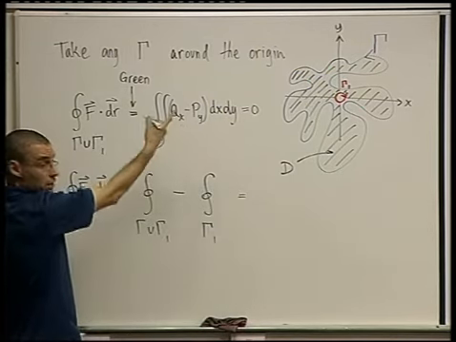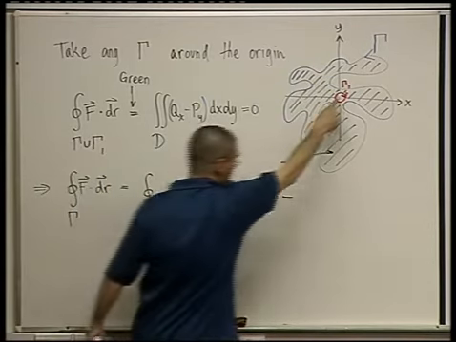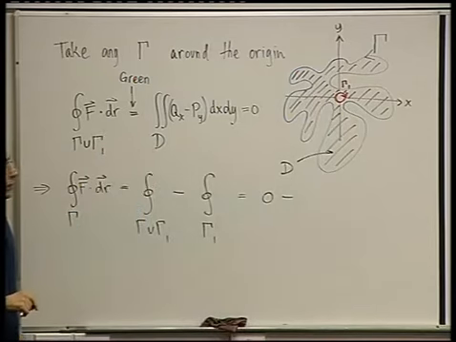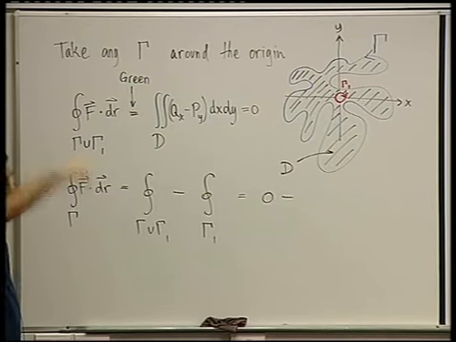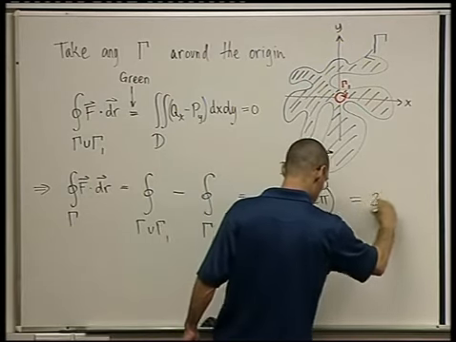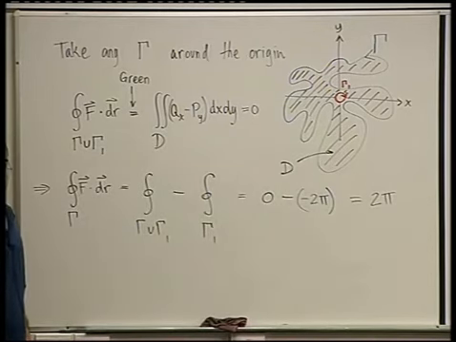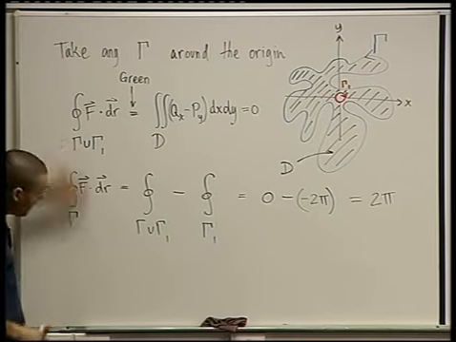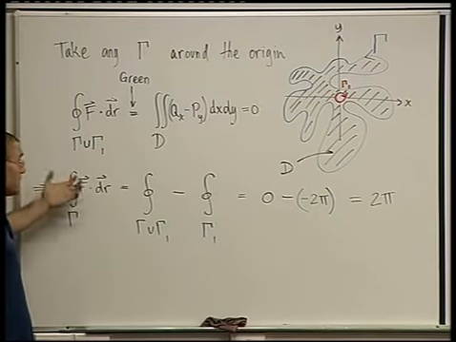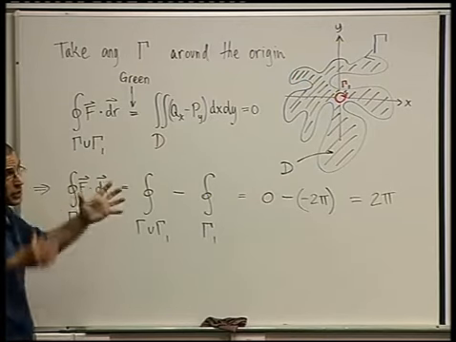It's 0. I just calculated it. Minus, what's the second one? What's the integral of the little red curve of the hole there? Minus 2 pi, because it's oriented clockwise. And it was 2 pi for counterclockwise, so it's minus 2 pi. And therefore, we get 2 pi. Do you agree?